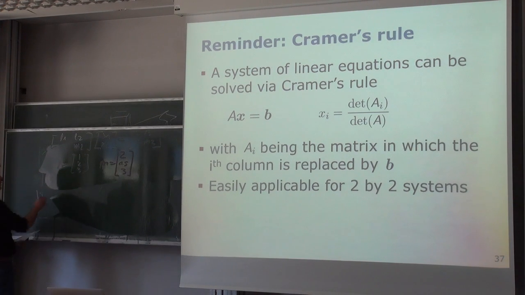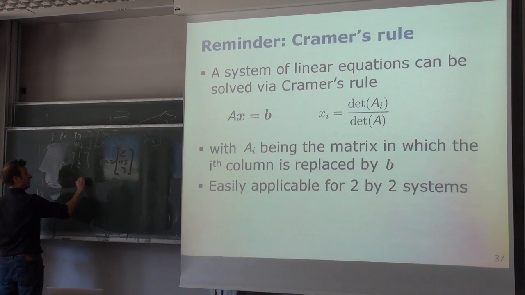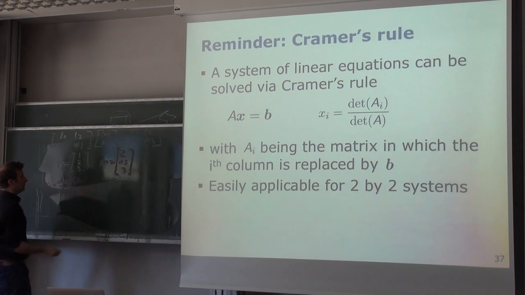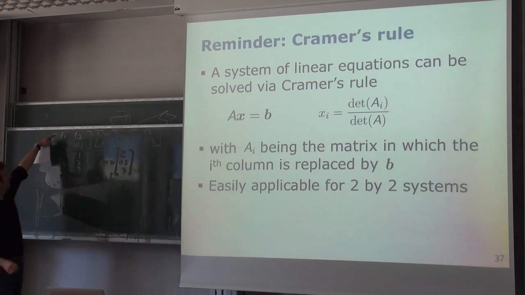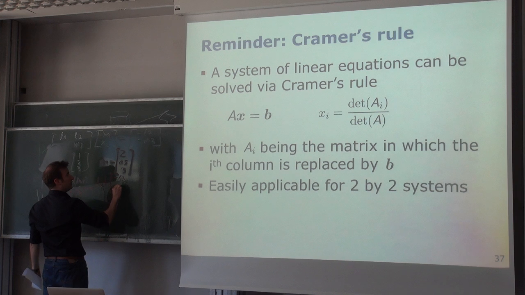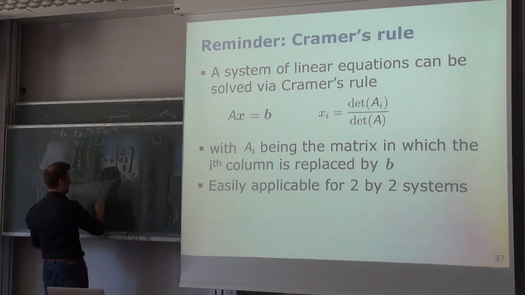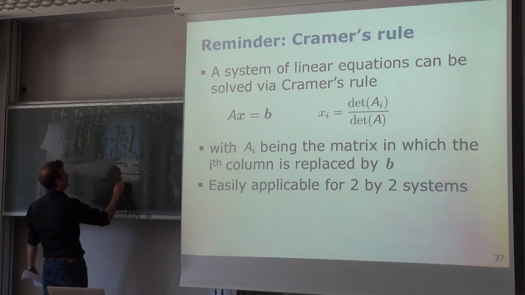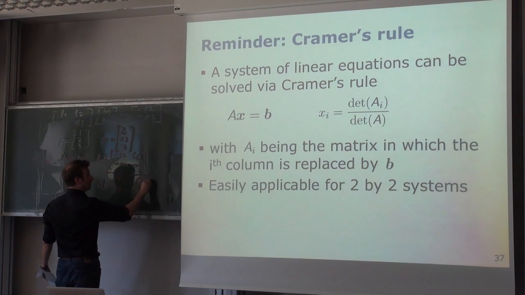So what the Cramer's rule tells me is that x1 is the determinant of A1 divided by the determinant of A. For A1, I take the first column and replace it with those elements: minus L3, minus M3, L2, M2, divided by the determinant of L1, L2, M1, M2.